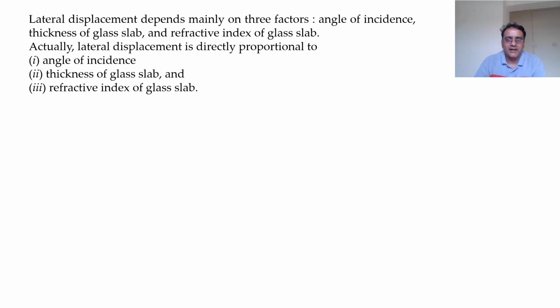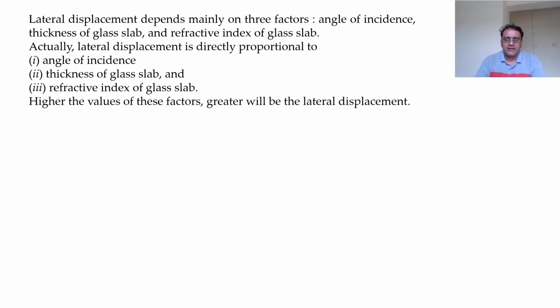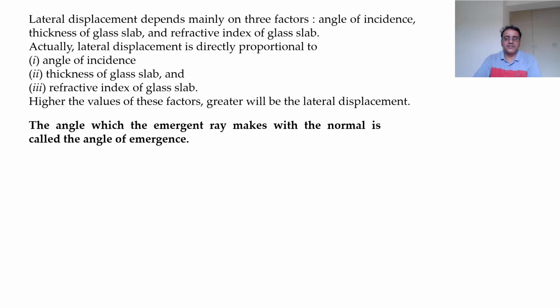Actually, lateral displacement is directly proportional to angle of incidence, thickness of glass slab and refractive index of glass slab. Just now I told you, the higher these factors, the greater the displacement we will get. Okay, right. The angle which the emergent ray makes with the normal is called the angle of emergence, denoted by E.